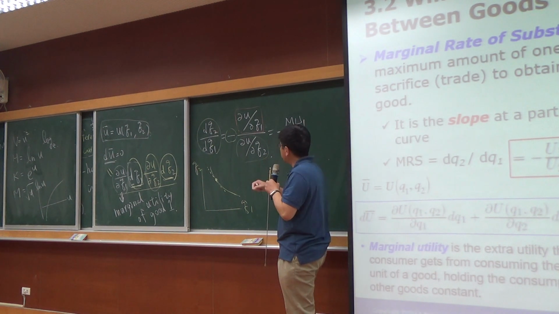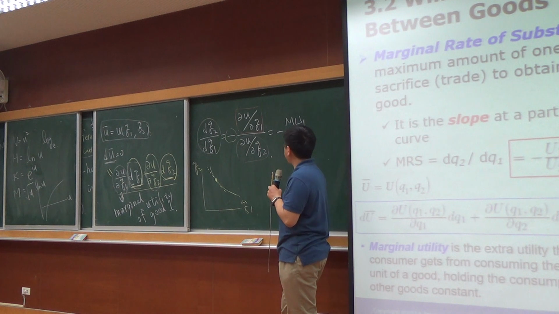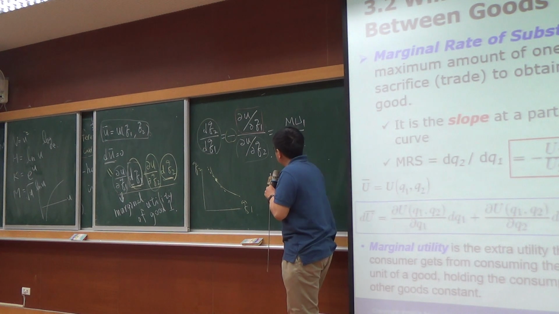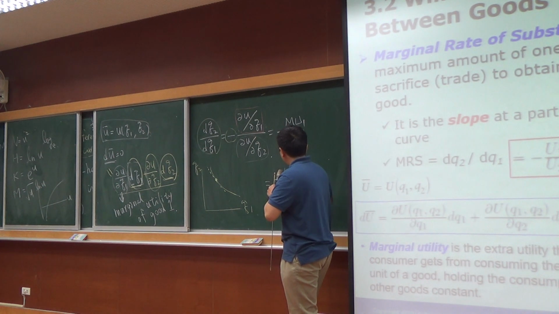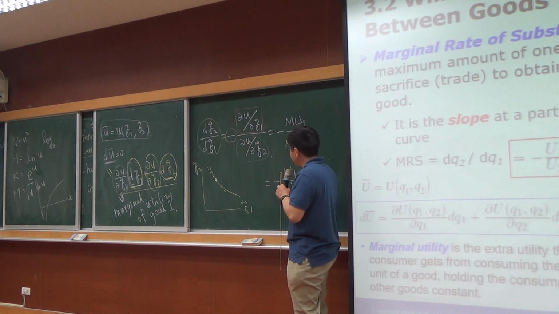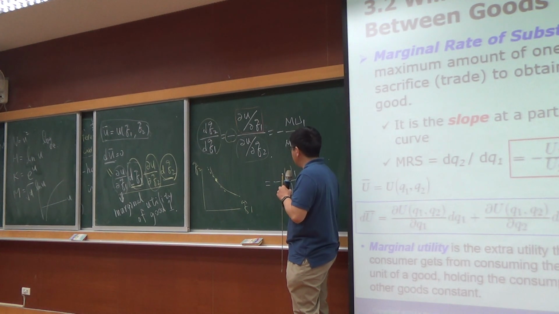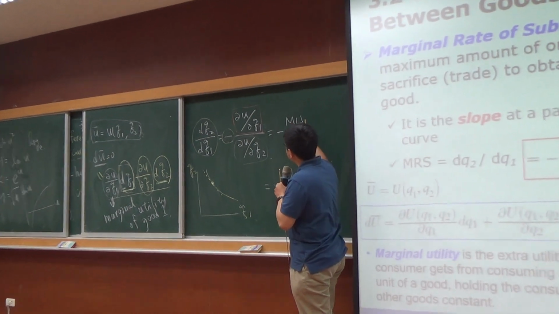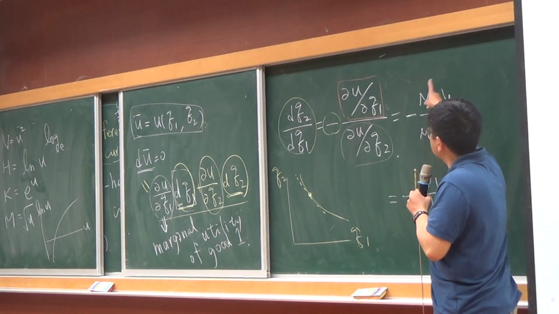It's a 1 unit change in Q2 and the influence on utility. So we call it marginal utility of good 2, marginal utility of good 1. Or, if you are lazier, you just write U subscript 1, U subscript 2. Subscript means 下标, okay? So we just use this to represent marginal utility. Same thing. So you may use this notation or this.